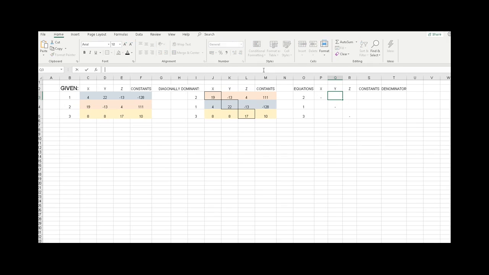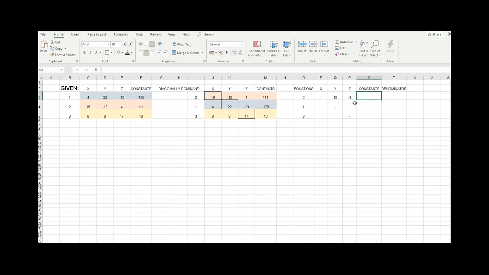So let's write an equation that would make it positive. So let's take the negative of the quantity of this cell, so that should make it positive. And let's do the same here, and again the constant remains the same, all the constants.